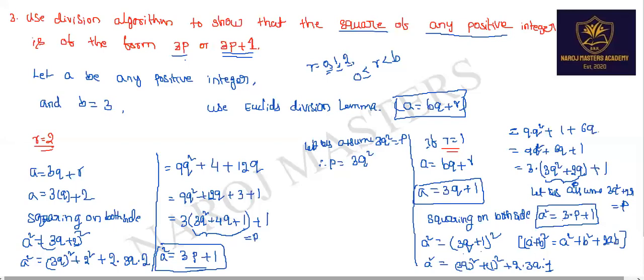From this we can say that the square of any positive integer is in the form of 3p or 3p plus 1. Okay.